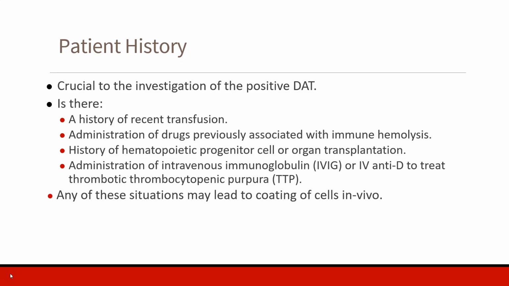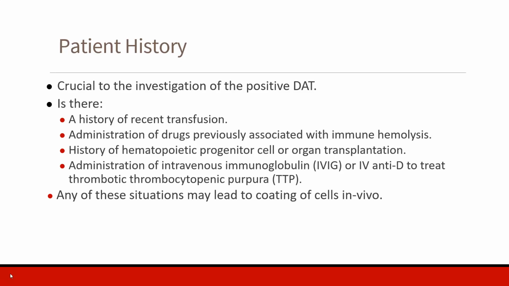And then organ transplantation, again, we could potentially get passenger lymphocytes that may make antibodies to the tissues, including red cells. Has there been administration of intravenous immunoglobulin, IVIG, or IV anti-D? This is used to treat thrombotic thrombocytopenic purpura, also known as TTP.